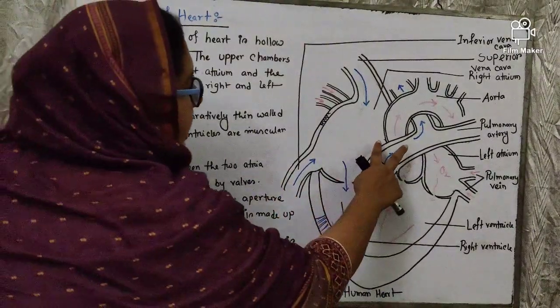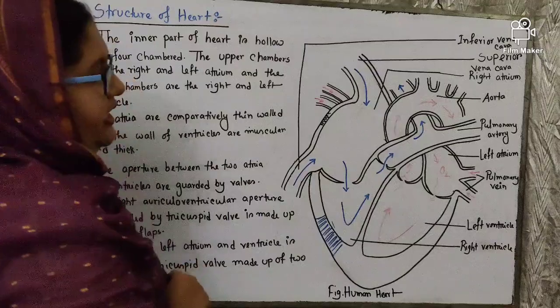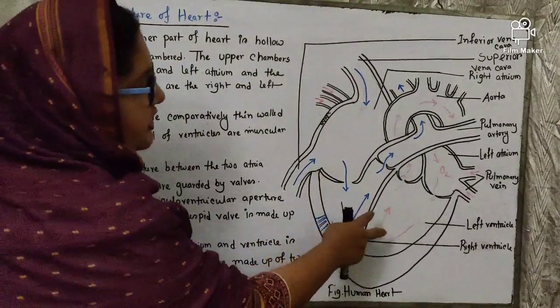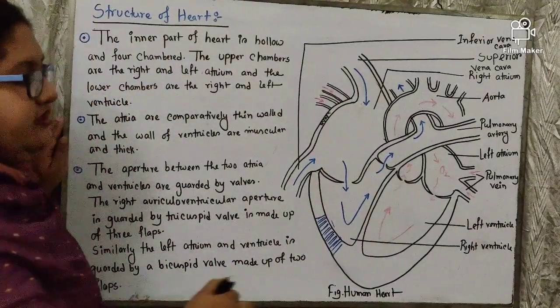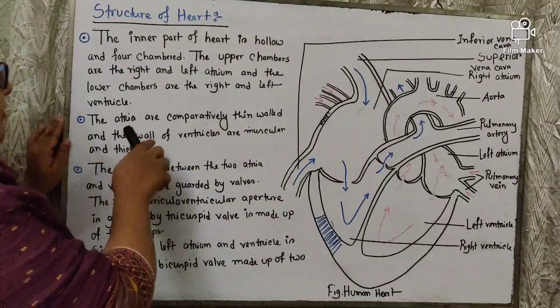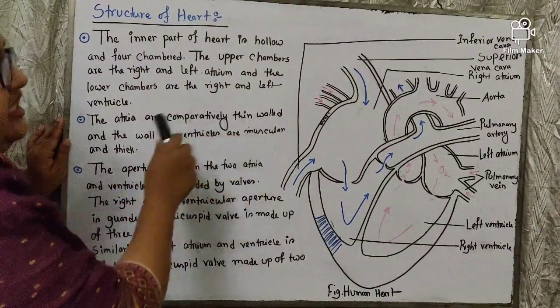The atria are separated by interatrial septum, and the ventricles are separated by interventricular septum.